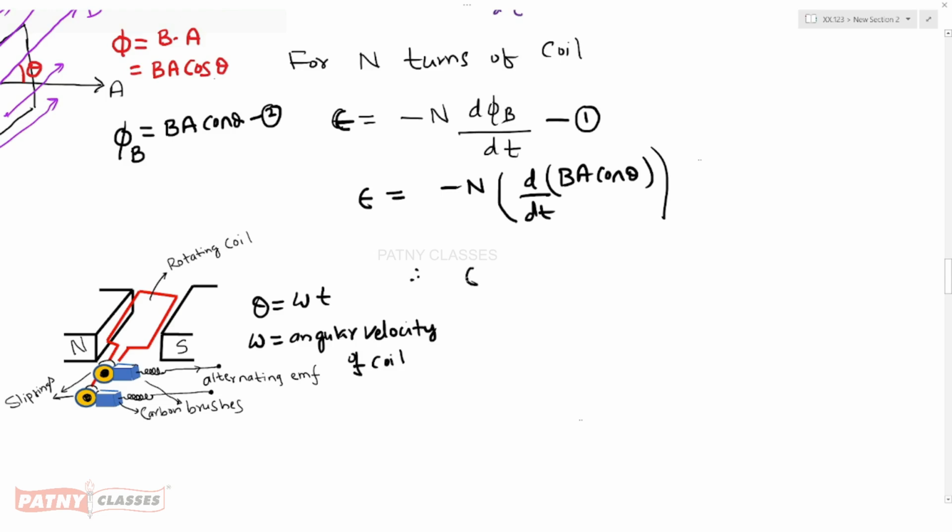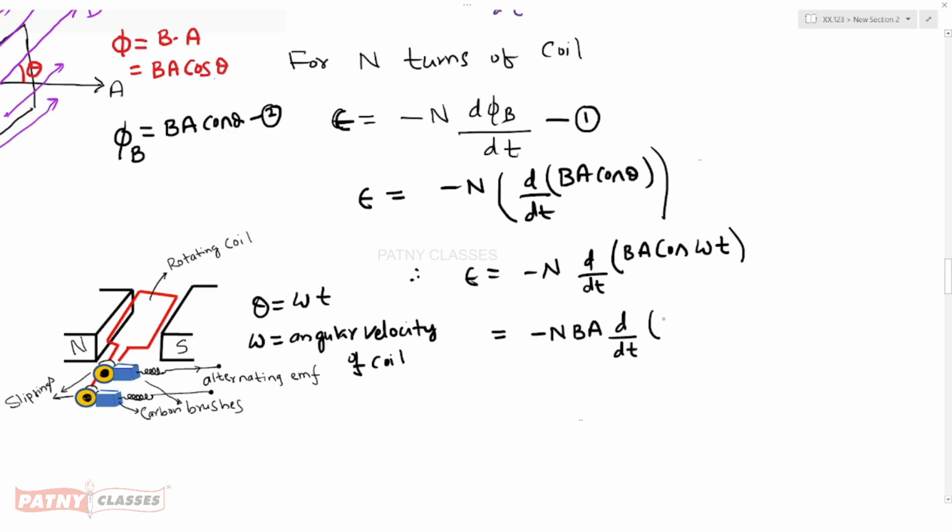Therefore E equals minus n times the differentiation of BA cos, and in place of theta we can write omega t. B and A are constant, so we take them outside.